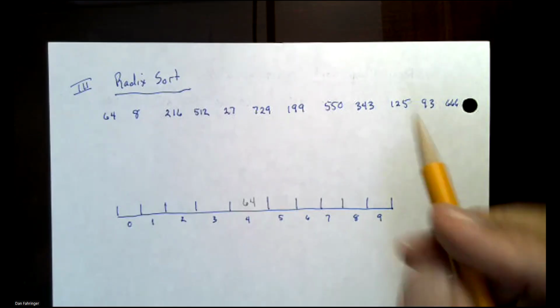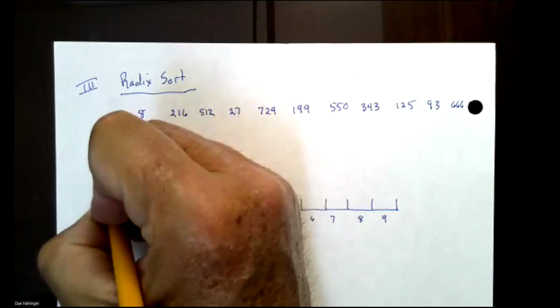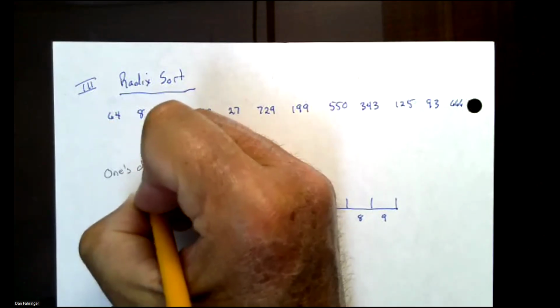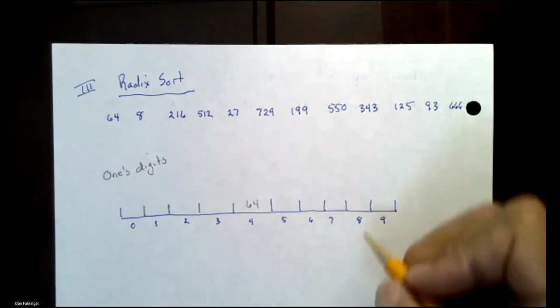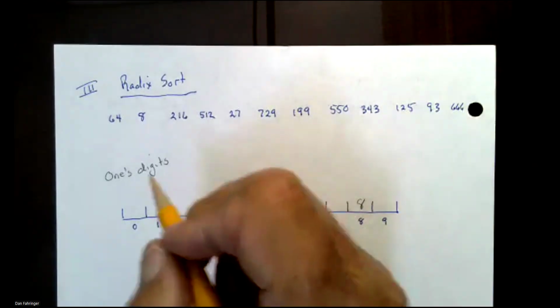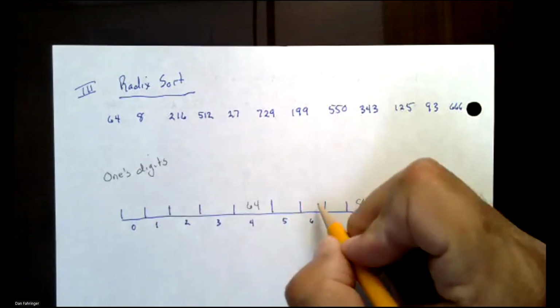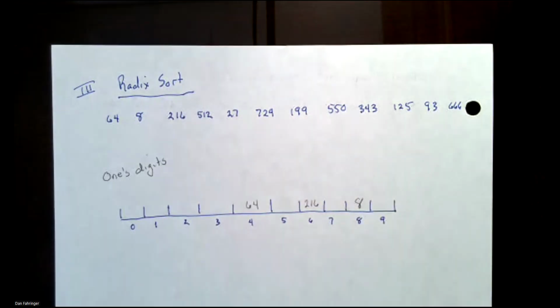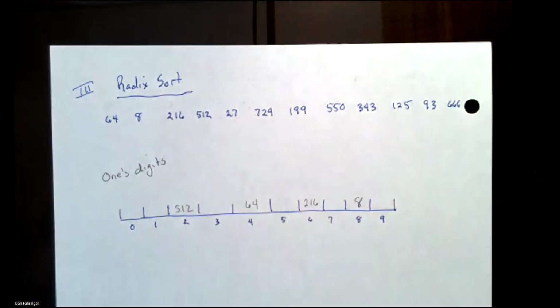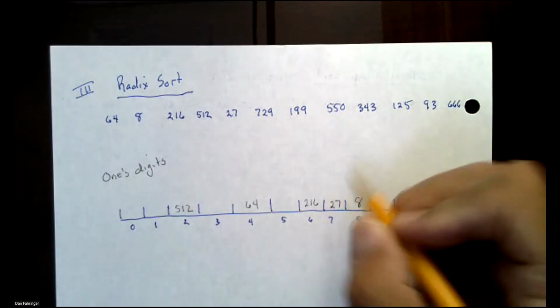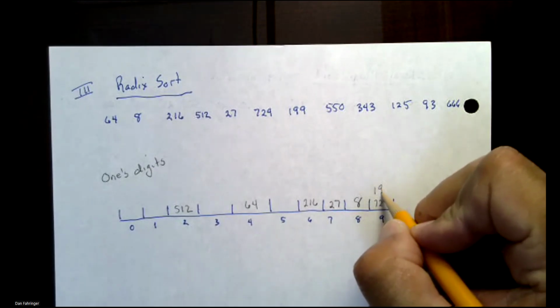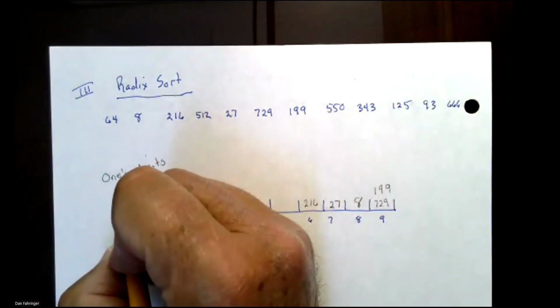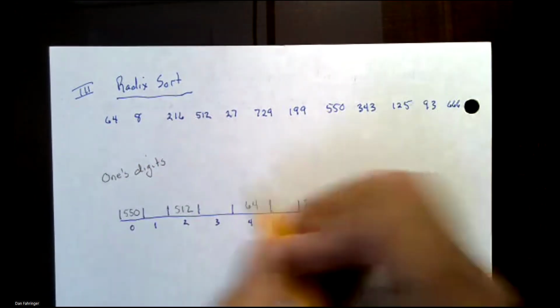Fantastic. All right. The ones digit. So this first group is by the ones digits. All right, you're smart enough. 8, 2, 6, 216, 512, 27, 729, 199, 550, 343.